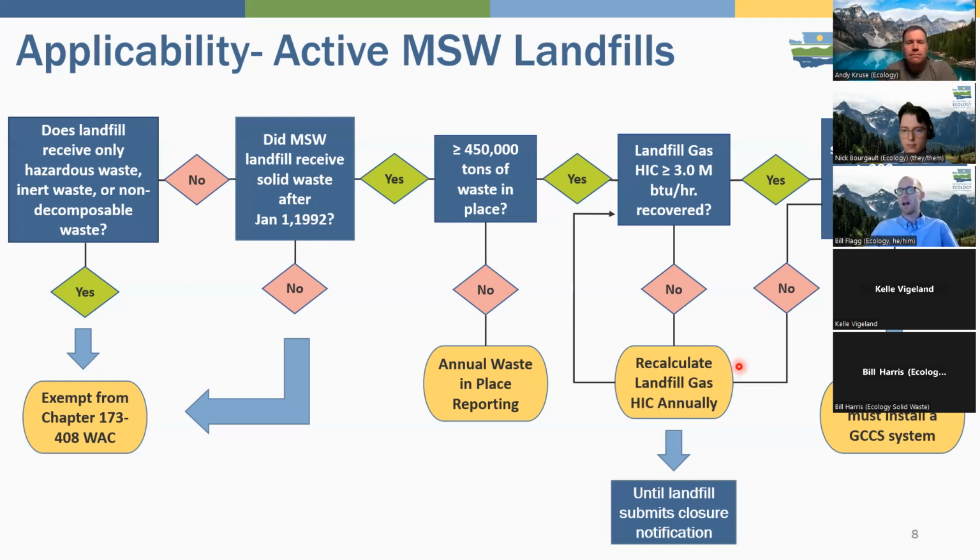Landfills that have passed this 200 parts per million by volume surface methane measurement as determined by instantaneous surface monitoring, and this could be for any one of those monitoring periods over the 4 quarterly consecutive monitoring periods, will have to install a gas collection and control system.